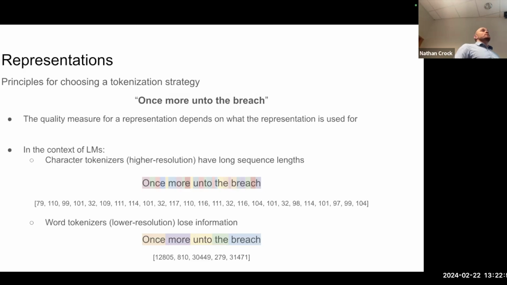Yep, it is, as we said earlier, largely dependent upon the thing we're trying to do, right? So what is the language model trying to do? What is the purpose of the language model? If we're doing a task that requires information at the character level, maybe you should think about a character tokenization strategy, even at the expense of this ridiculously long sequence length.